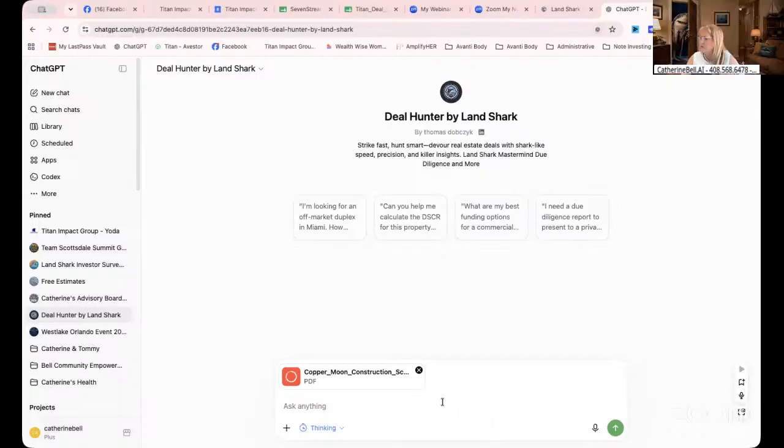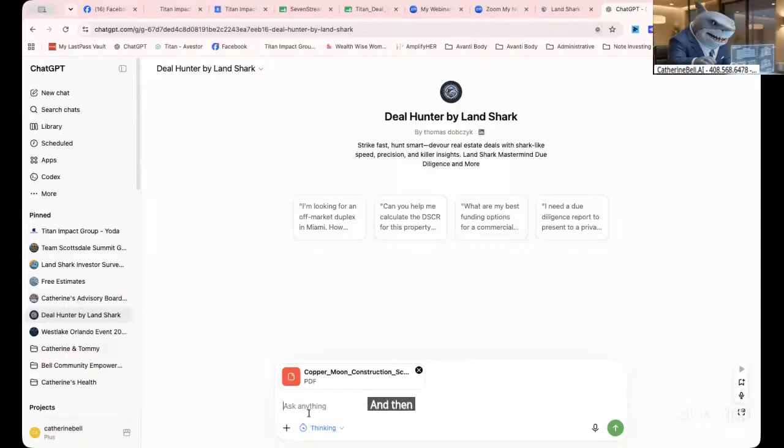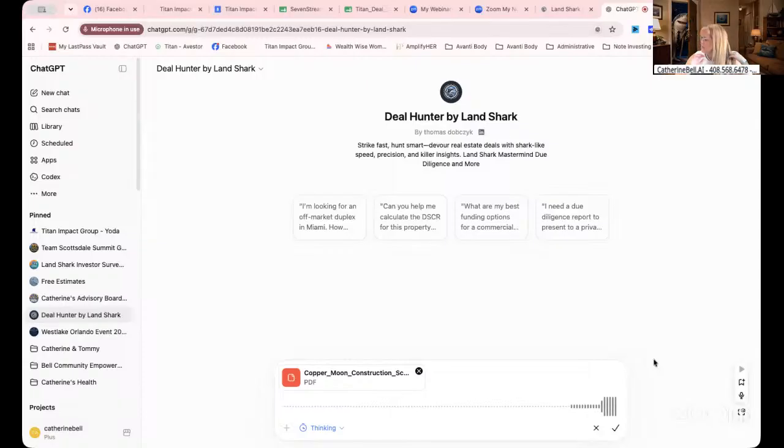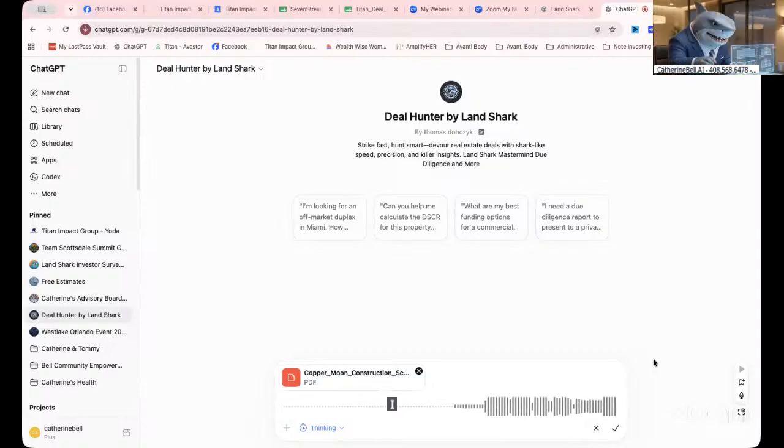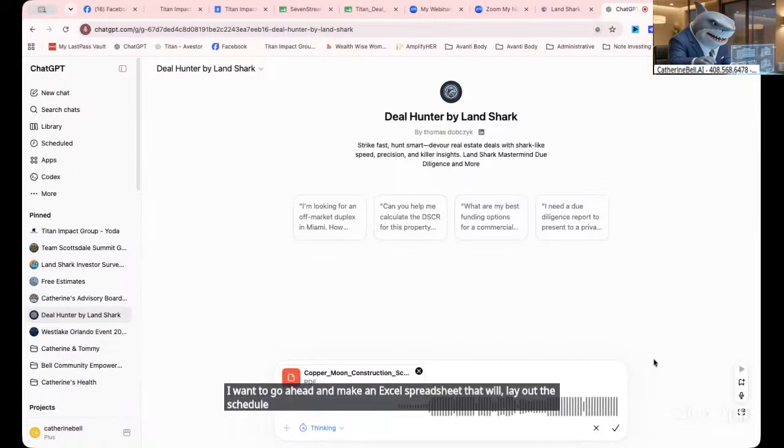So this is the construction schedule for a project, and I want to make an Excel spreadsheet that lays out this schedule so that I can add notes to it as they go along.